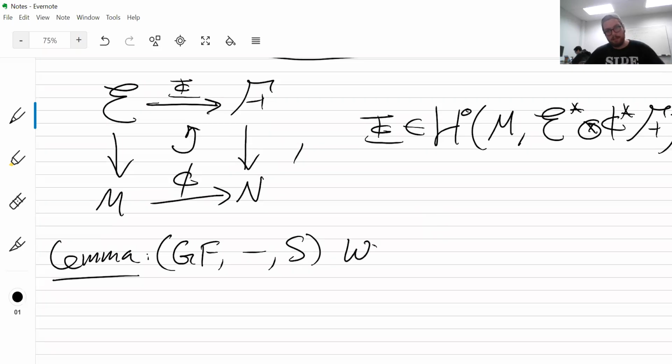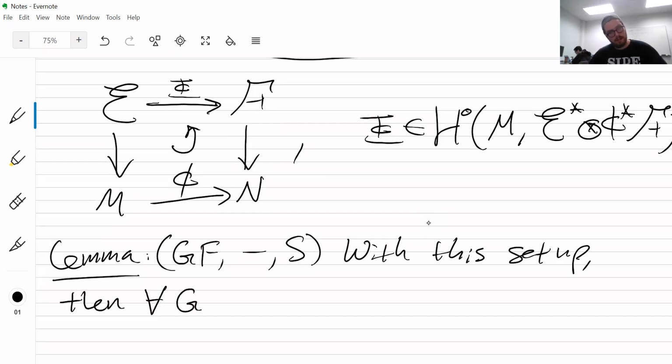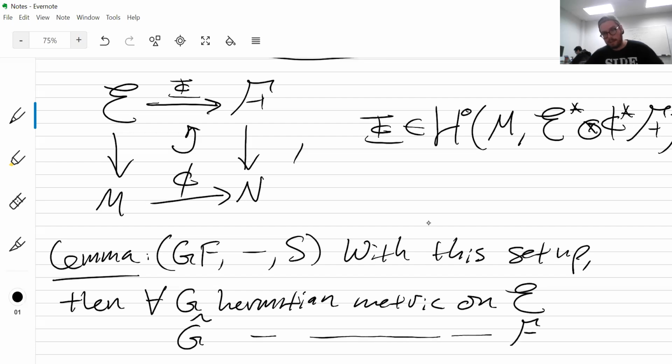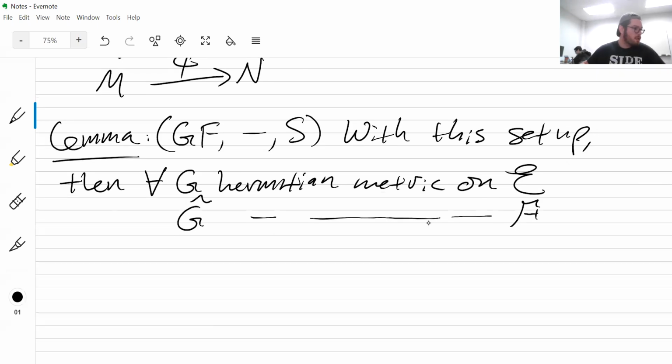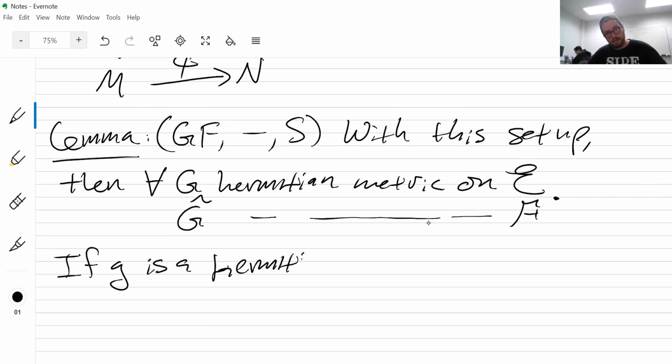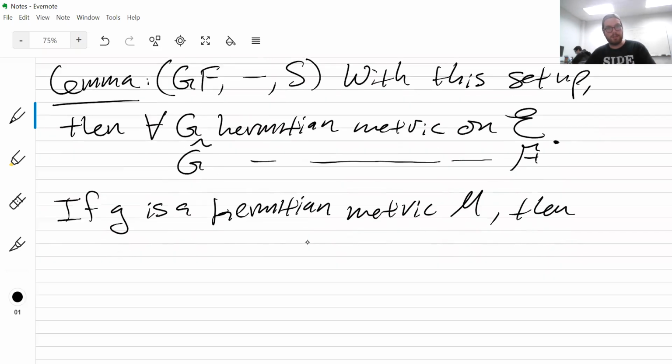With this setup, if we put Hermitian metrics on these vector bundles, for any G Hermitian metric on E and G tilde, a Hermitian metric on F, and if little g is a Hermitian metric on capital M, then we get the following Schwartz lemma.